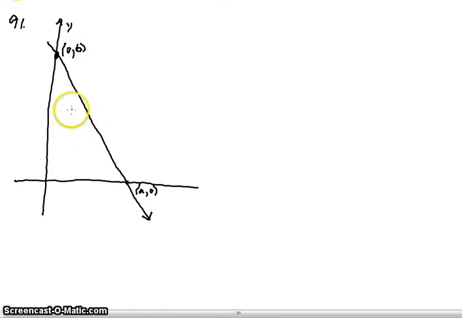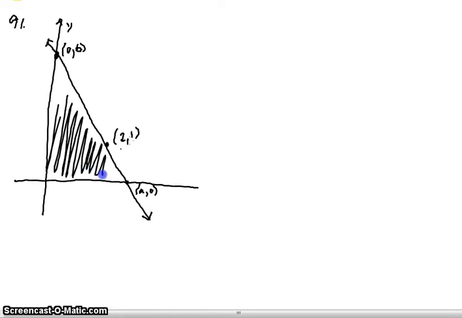And then we know for a specific point that it goes through the point (2, 1). Now it's asking us to find the equation of the area of this shaded region here. So it asks us to write the function of the area as a function of x.